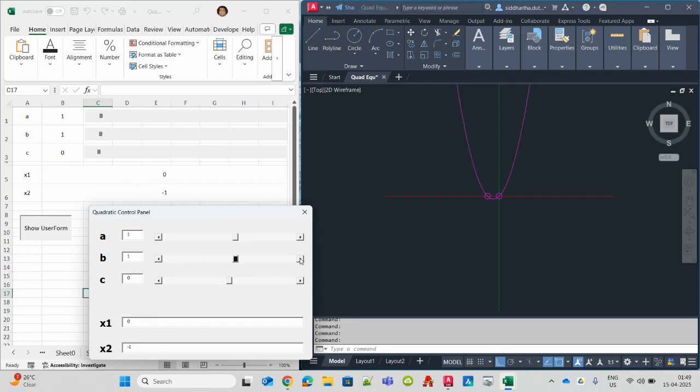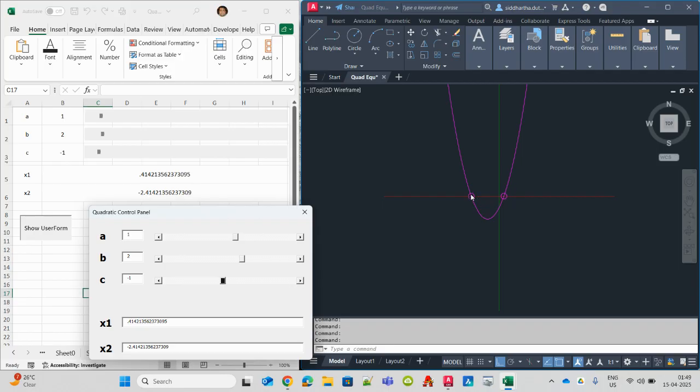As you can see, if you change the values of a, b, c using these sliders, it draws the graph with a polyline, and it also shows the roots here. Roots are basically the values of x for which the y value is 0. Y value 0 means it intersects the x-axis.